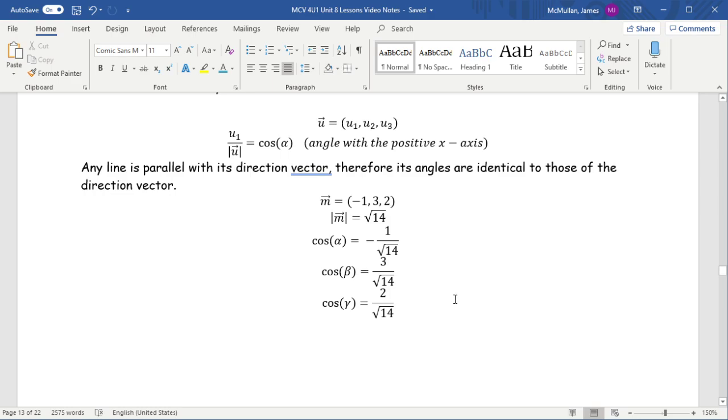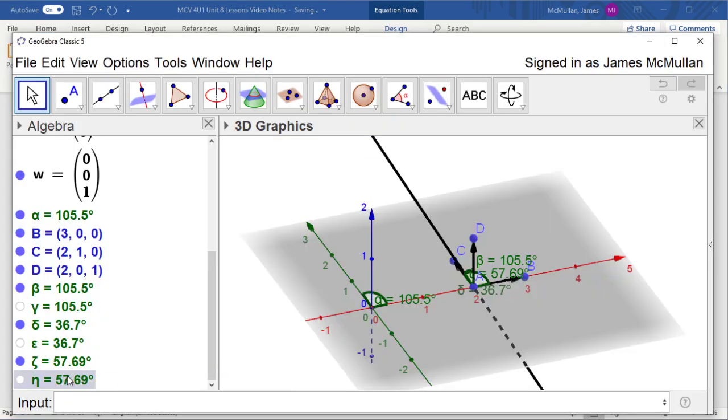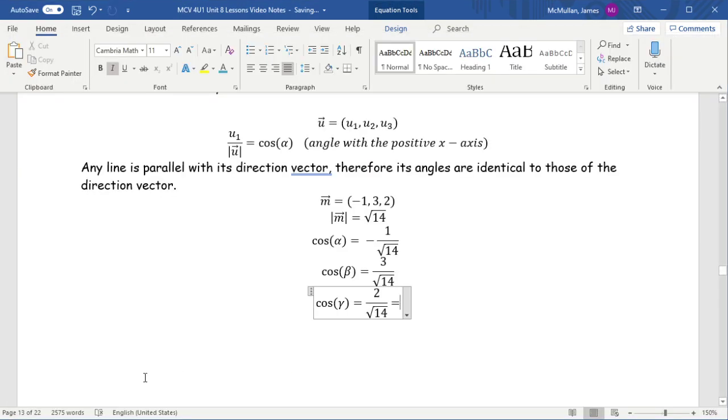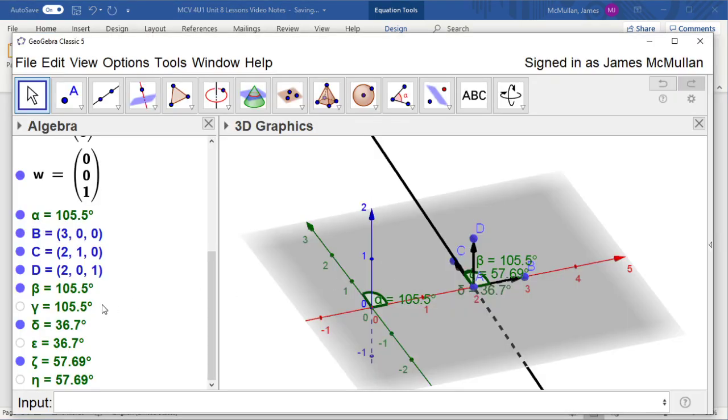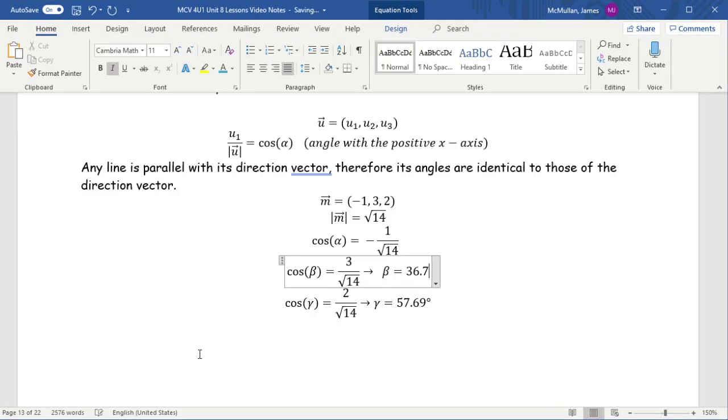Okay, so anyway, just quickly, let's label what they all are. So this last one, the gamma, was inverse cos of 2 over root 14, so it's 57.69. So I guess what I should write here is the direction angle. For this one, we found that the direction angle beta was 36.7.